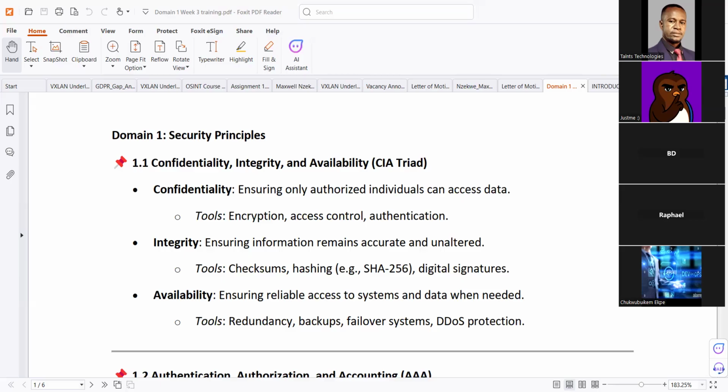Integrity: you build something, maybe like a toy tower. You build a building block, for instance, and you leave it. You know how we build our building blocks? You build it and leave it.